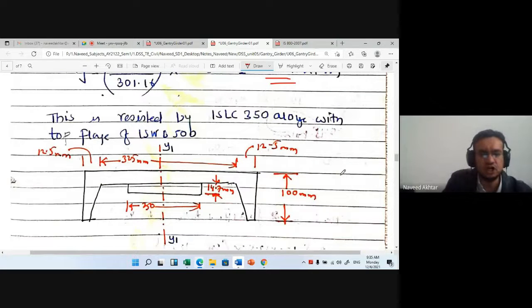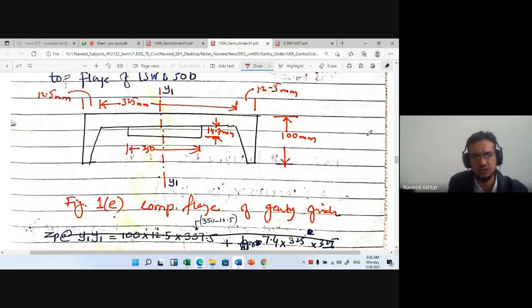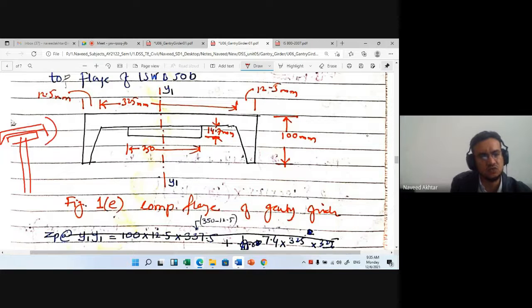Okay, now the moment is resisted along the top flange of the ISWB and the ISLC. So here what we are considering is the minor axis. See, in the vertical direction we saw the moment capacity, but here we are now checking the horizontal capacity. The channel section or top flange of this I section only contributes to the resistance of this. Okay, they are horizontal.